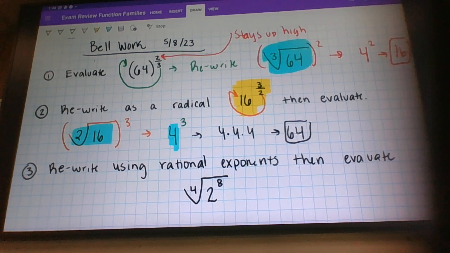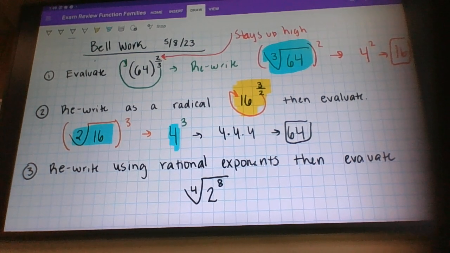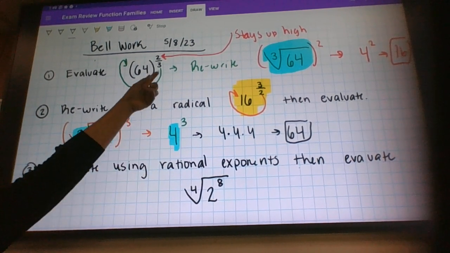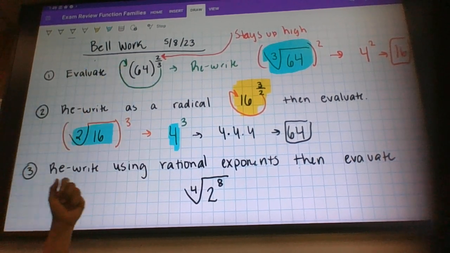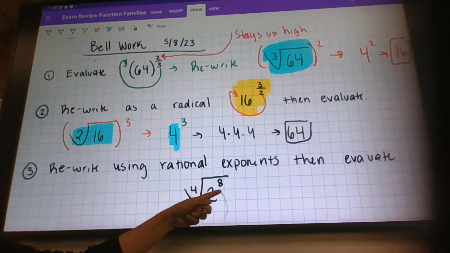Now number 3 asks you to go the other way. Gustavo went first. Yes. So number 3, instead of bringing the bottom down and around, we're going to do just the opposite. Take your index and put it down on the bottom.